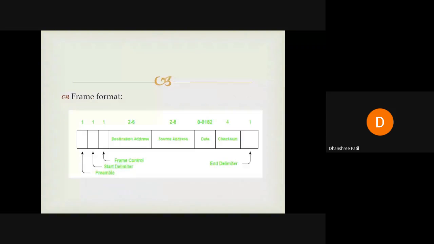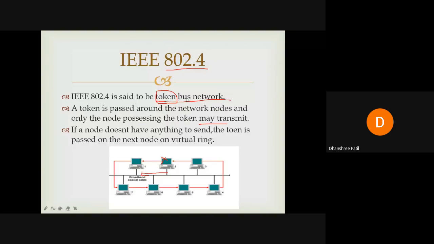So these are the fields, or this is the frame format for 802.4. Have you understood what is 802.4? Remember 802.4, it is a token bus. Token is passing continuously within the network. How is the token passed? Key points I'm telling.